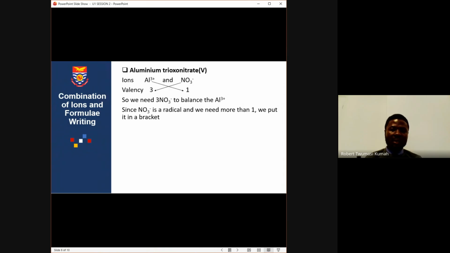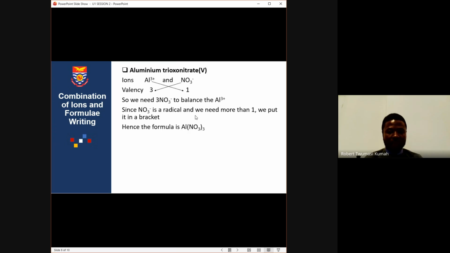What we have to do is, okay, let's keep the 3. Let's write the 3 in a way that it will belong to all of them. We are still going to write it as a subscript, but in a way that it's going to belong to all of them. So the best way to do that is to put this whole group in a bracket, and then write it as a subscript. The aluminium had a charge of 3, the nitrate had a charge of 1, so the aluminium has a subscript 1, but we are not writing it because it's 1.